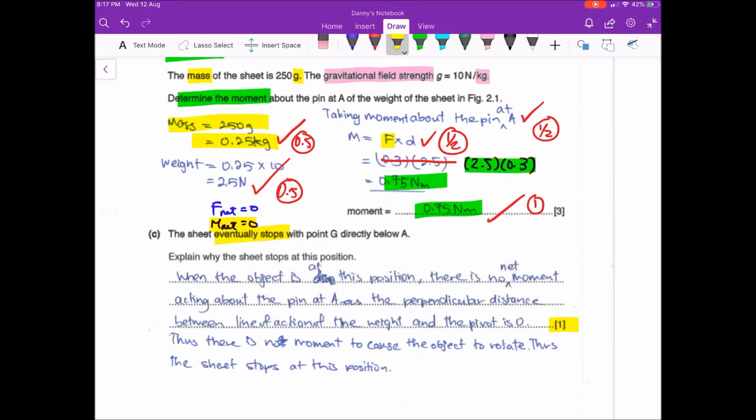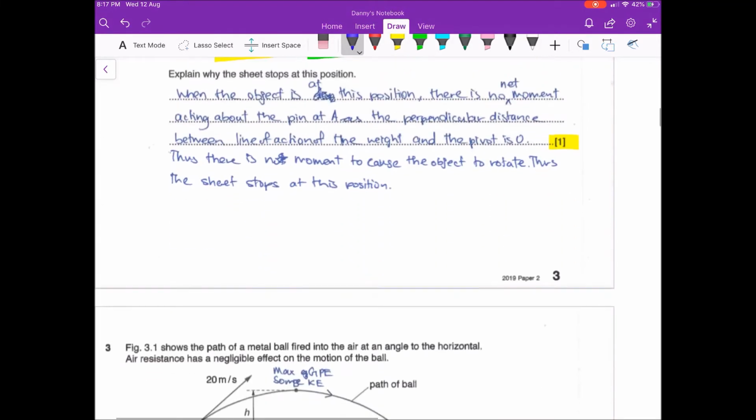So now I need to explain why eventually Mnet will become 0 when point G is below A. What they are saying is that my pivot is here, this is my A, and it will only stop swinging when my CG is right below. Why?